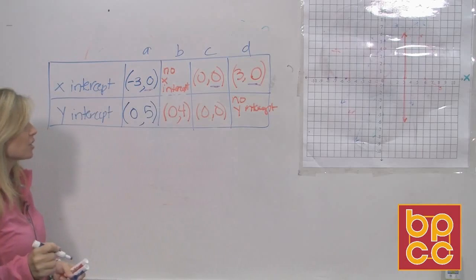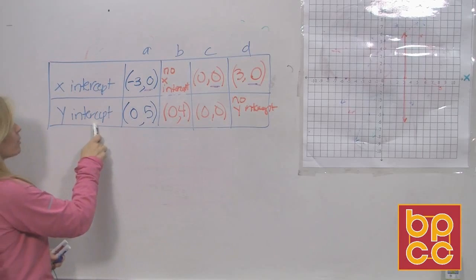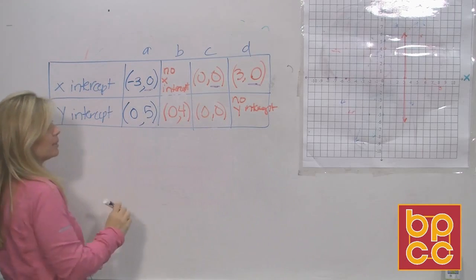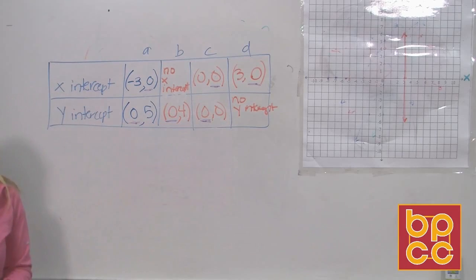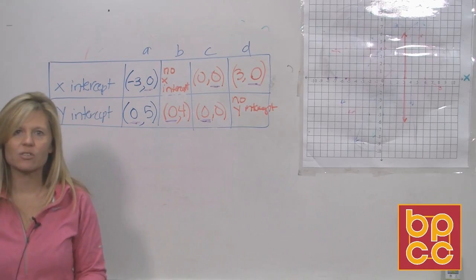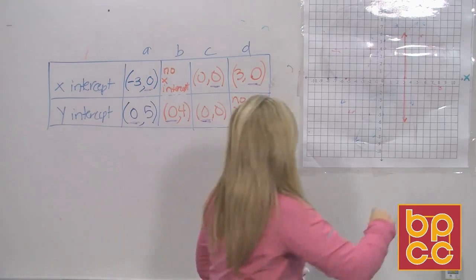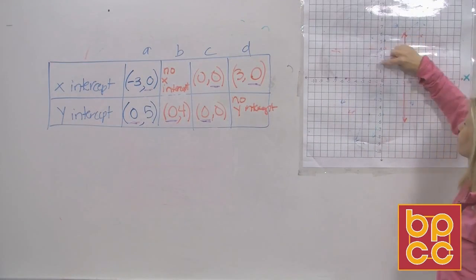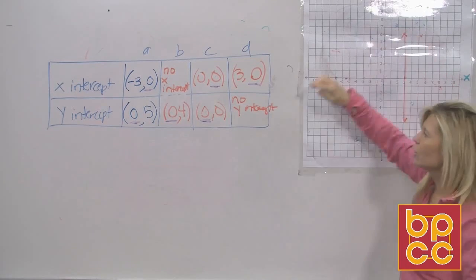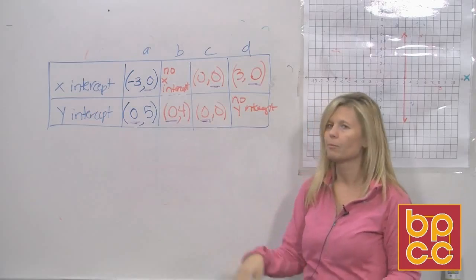And vice versa. If you look at all the y-intercepts, look what they all have in common. They all have zeros in the place of x. So think about that. If you're sitting on the y-axis, you didn't move left or right, you just went up or down. So if you don't go left or right, your x value is going to be 0.